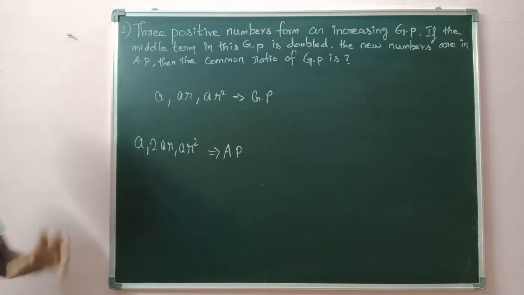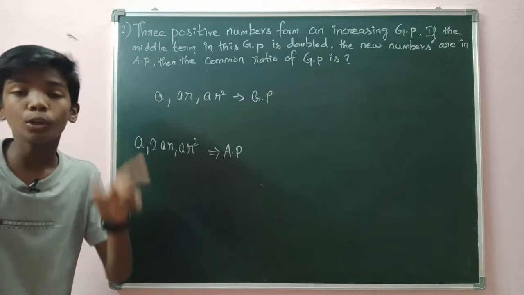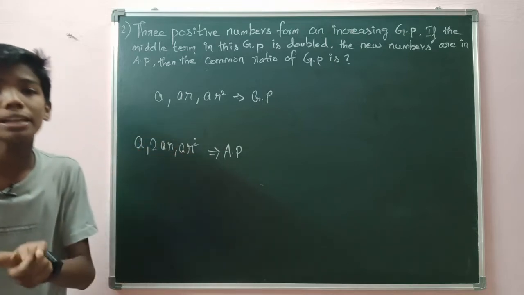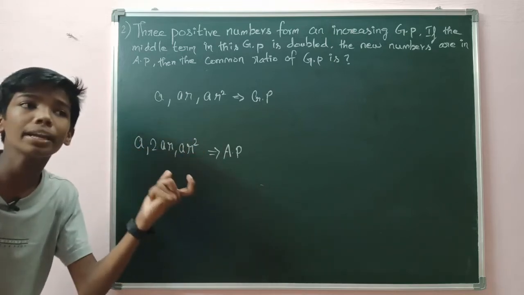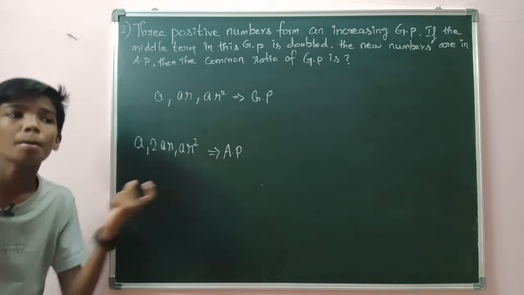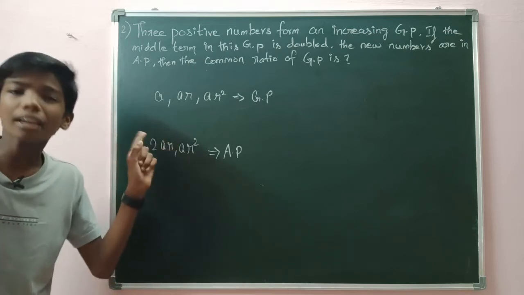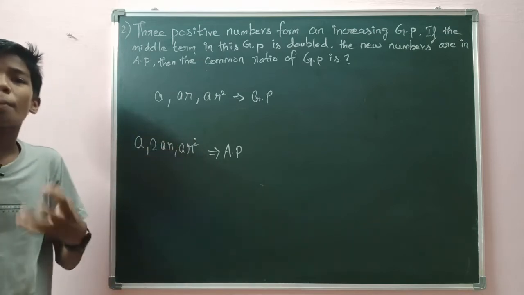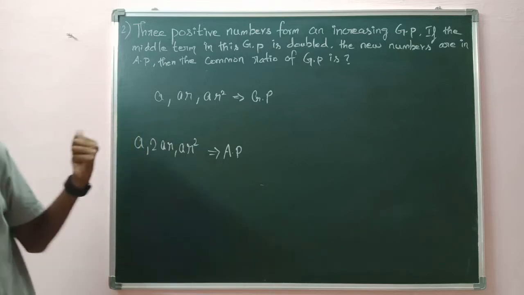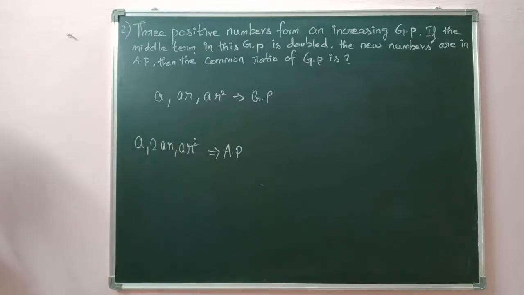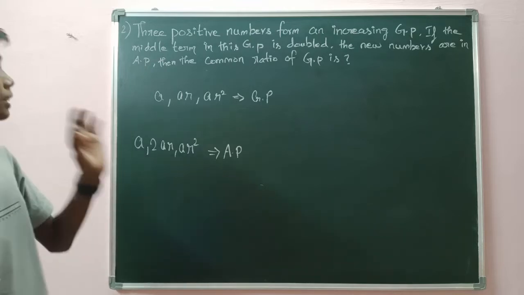Only if you have a multiplication task, you can take the middle term as B and write it as B by R, B, BR. But here, I am not going to do any multiplication task and it's a very easy one. So I don't need to complicate that much, and that's why I am writing like this: A, AR, AR square in GP.